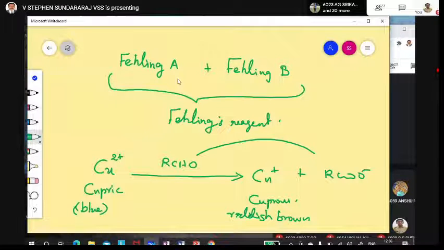Correction: alkaline is for the B only. So Fehling B is alkaline sodium potassium tartrate. Okay, so I will give it in a separate page.